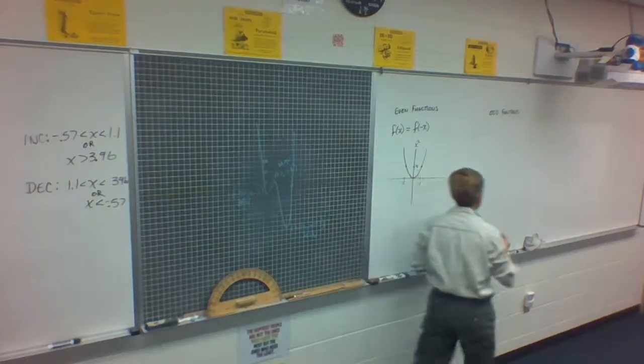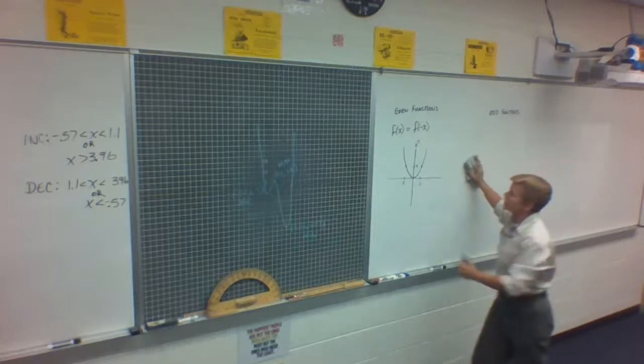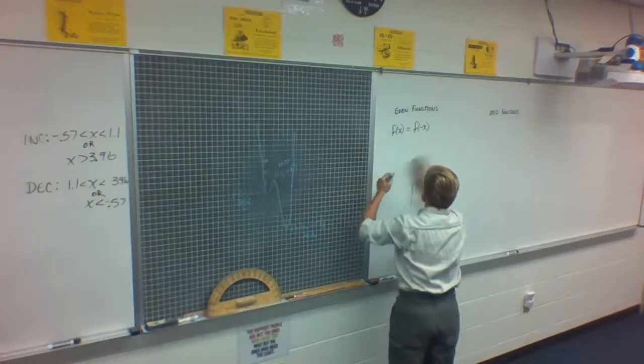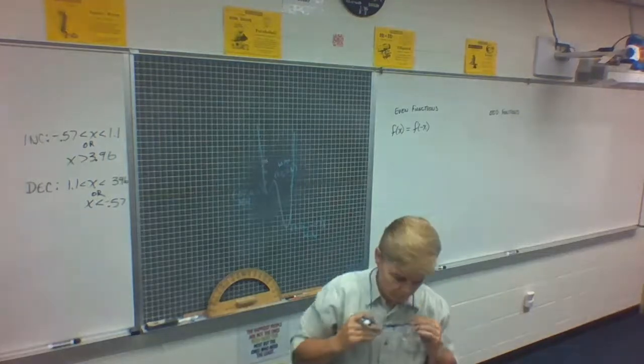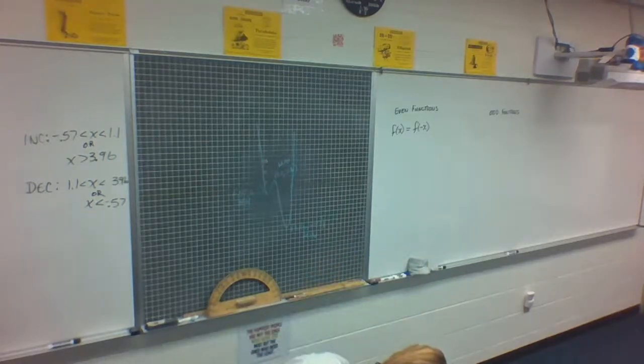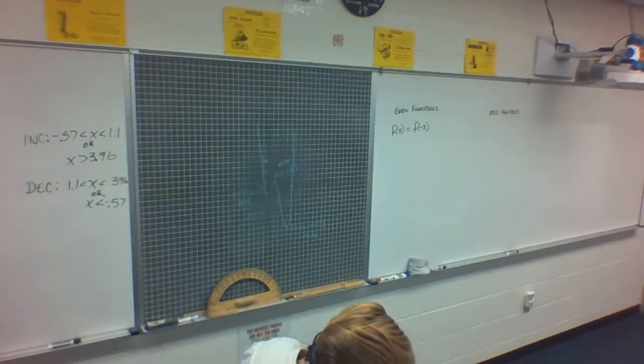Now here's how you prove something's even algebraically. This property has to hold. So this is how you would do the algebra on it if you were trying to show it. Let me grab one here that's going to work. Let's consider the B part of example 4.